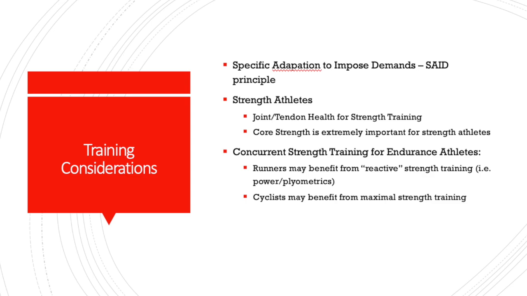Since we're discussing strength athletes so specifically this afternoon, I want to discuss strength athlete joint and tendon health as well as their core strength. Strength athlete joint and tendon health is so much more important than is initially considered at the beginning of a training phase. Muscles tend to get stronger much faster than a joint or a tendon does as a result of the blood flow.